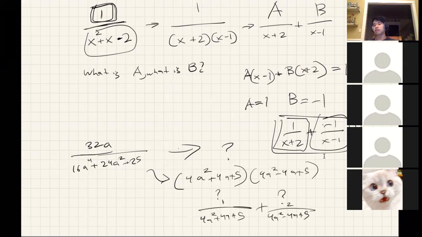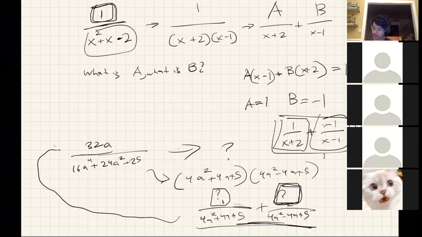It worked out, and by the way we chose these two unknowns, once we did the fraction addition, we ended up with the fraction that we started with.